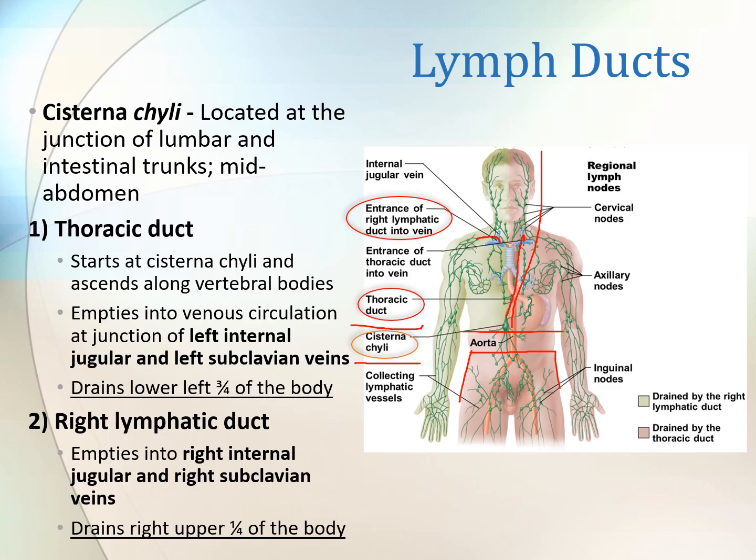And so both of these ducts are going to merge right at that junction of the internal jugular and subclavian. And so now they're going to merge into the venous system, and they're going to return to that superior vena cava and be part of the bloodstream again, okay? So again, thoracic duct, 3/4 of the body, right lymphatic duct, only 1/4 of the body.